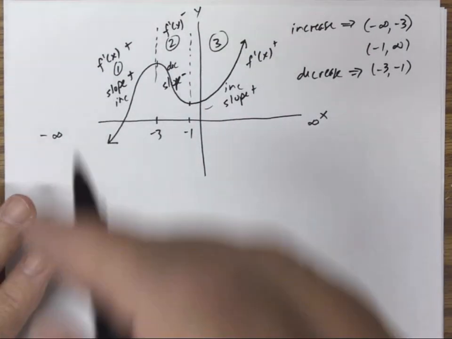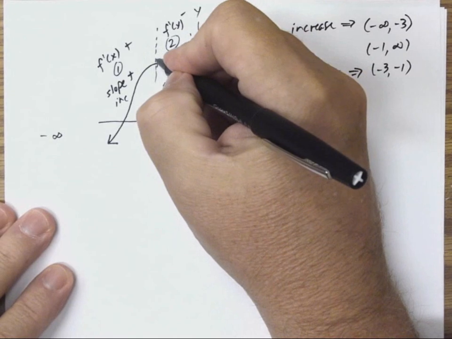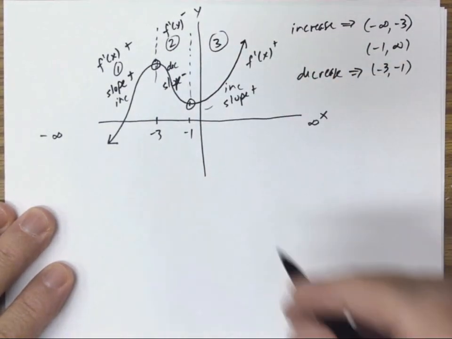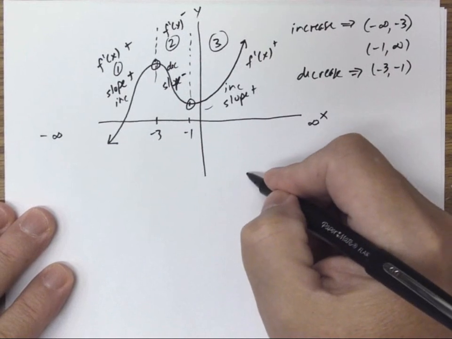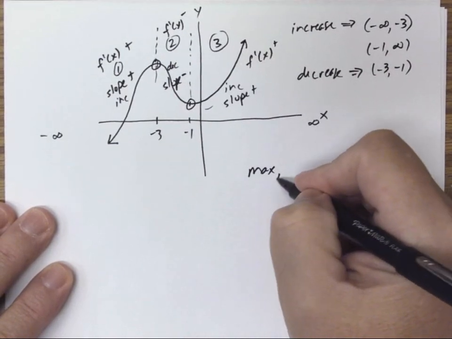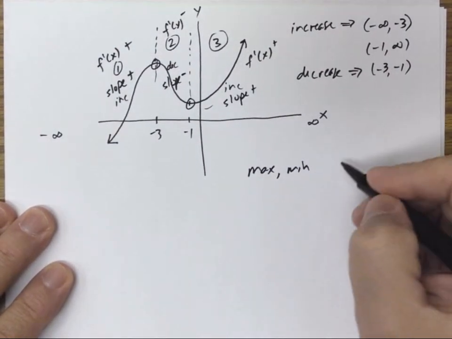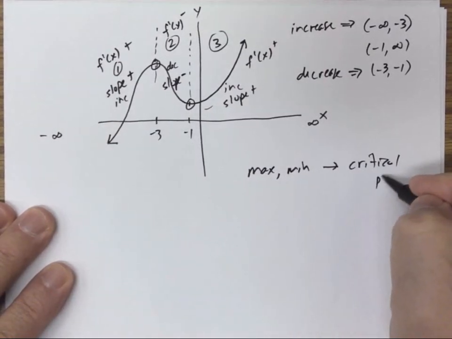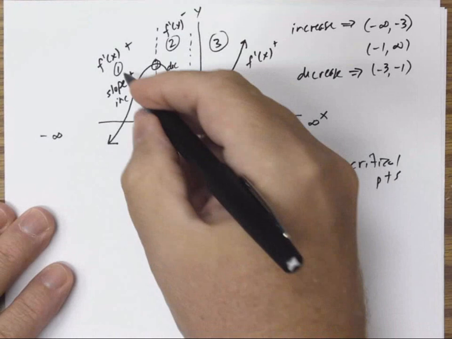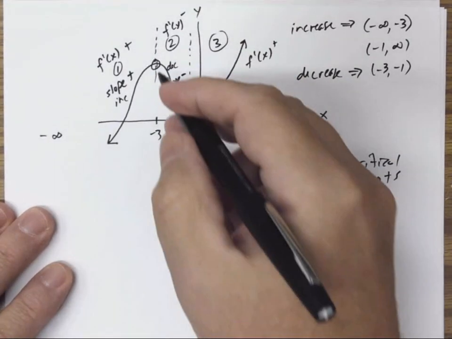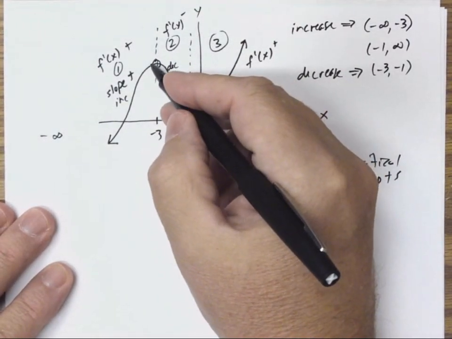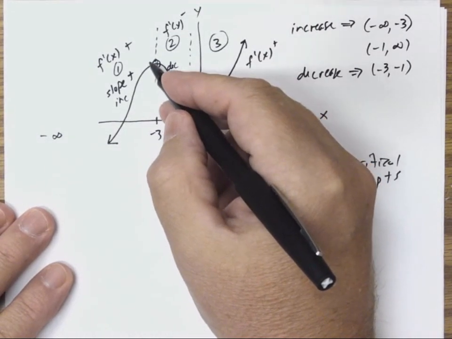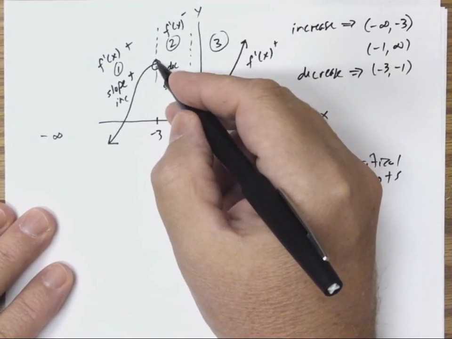The interesting thing is, what happens at the maximum and the minimum? We call these critical points. For this example, you know what happens at the max and the min? The graph flattens out, which means it's neither increasing nor decreasing, it's just flat.